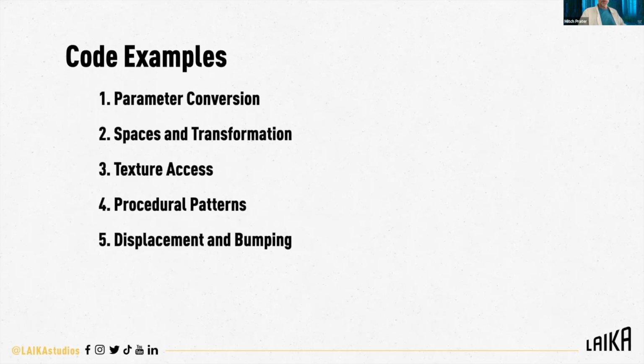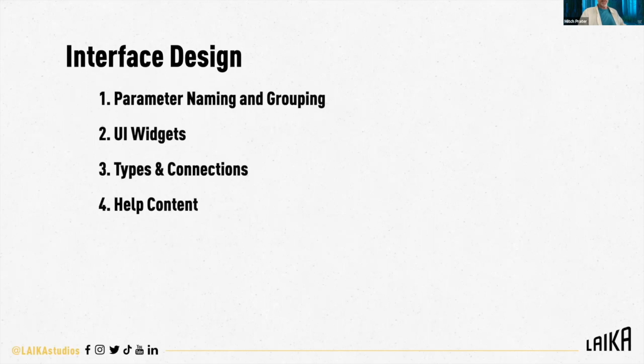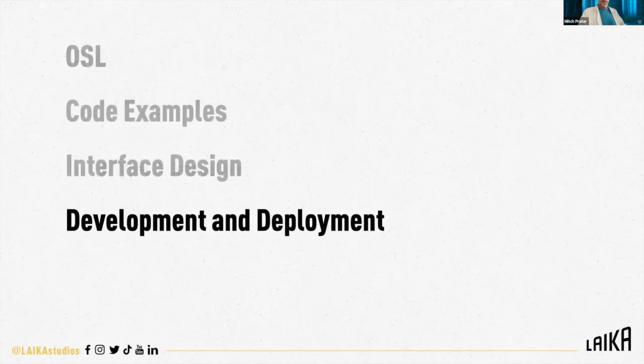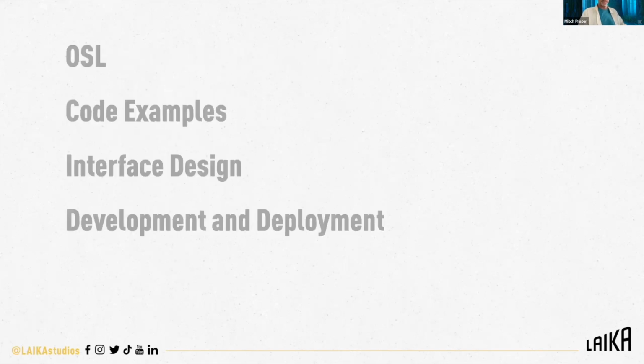Next, I'll go over some OSL examples illustrating some of the more fundamental shading tasks. And then I'll go over some interface design and metadata that you can attach to parameters to control the user interface that's presented to the end user for your shader. And then I'll talk about some development and deployment issues, just organizing your source code in a build system and debugging shaders and that sort of thing.